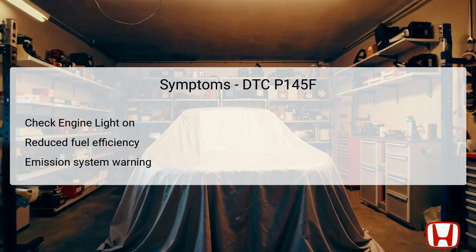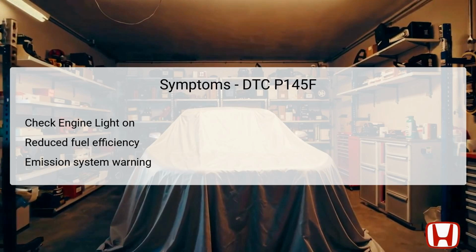The presence of DTC P145F can trigger several observable symptoms that require attention. One of the most noticeable indicators is the illumination of the check engine light on the dashboard, alerting the driver to an emissions-related issue. Drivers may also experience a noticeable reduction in fuel efficiency due to improper management of fuel vapors.